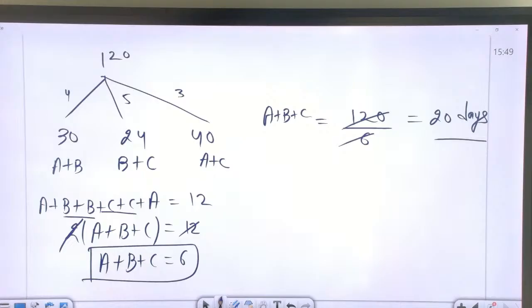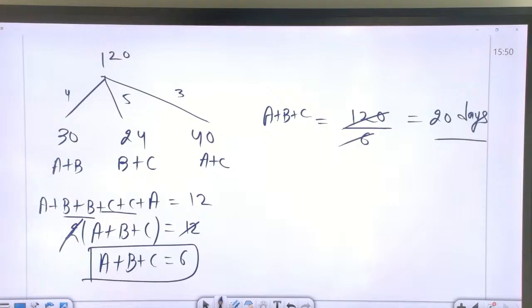Okay, write the question please. A and B can do a work in 12 days. B and C can do it in 15 days.